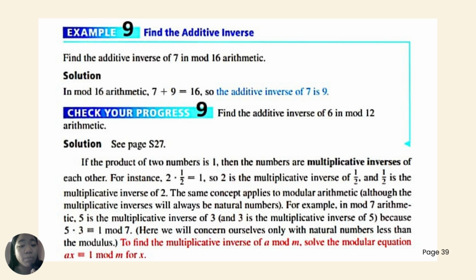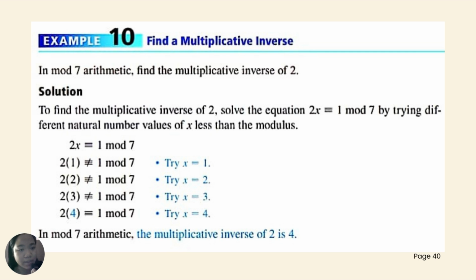Because 5 times 3 is congruent to 1 mod 7. Here, we will concern ourselves only with the natural numbers less than the modulus, which is 7. To find the multiplicative inverse of a mod m, we have to solve the modular equation ax is congruent to 1 mod m for x.